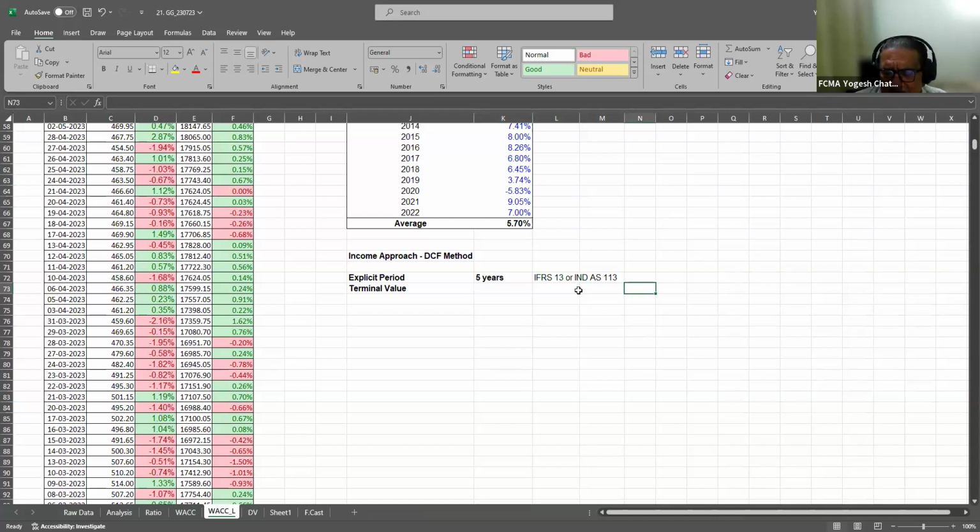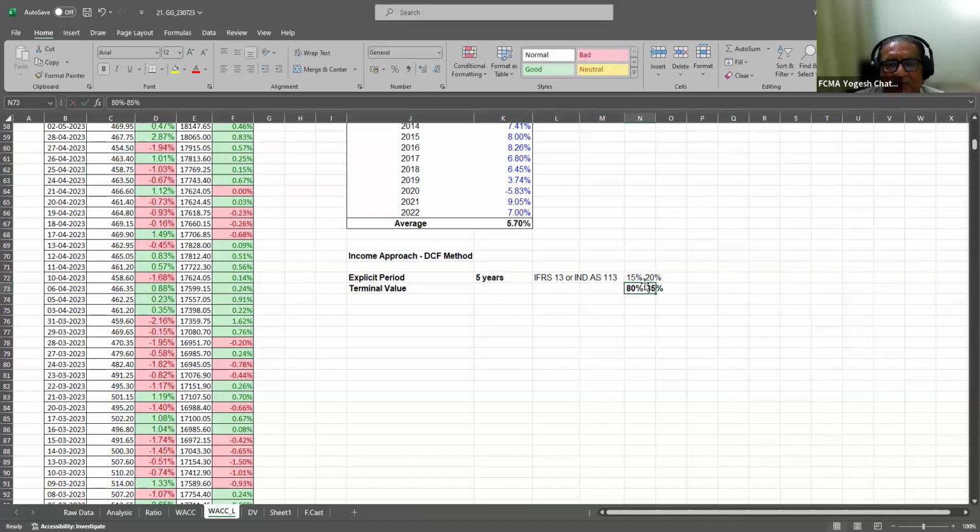Normally around 80 to 85% of value is derived through the terminal value, and the explicit period will reflect around 15 to 20%.